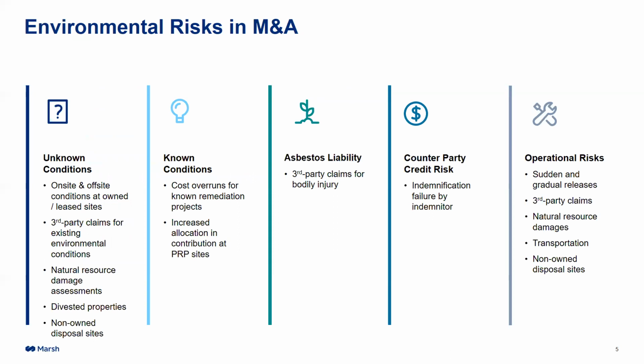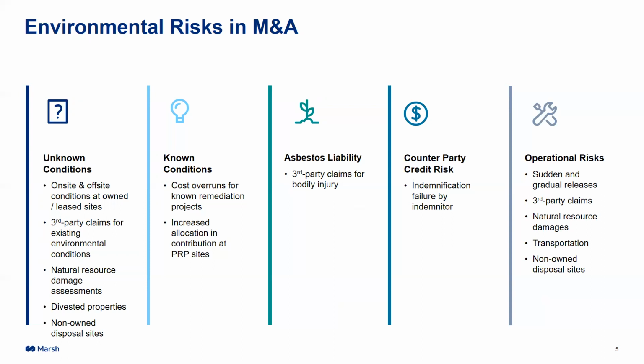So where do we start when we're looking at environmental risks? Really, the risks that can present themselves in your deal can manifest in a number of different ways. If we start with your unknowns, in any deal you're going to have a nice robust amount of due diligence.